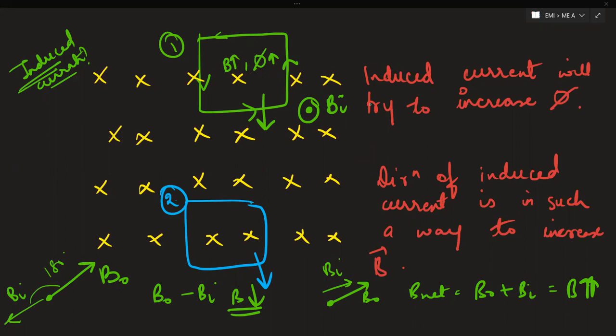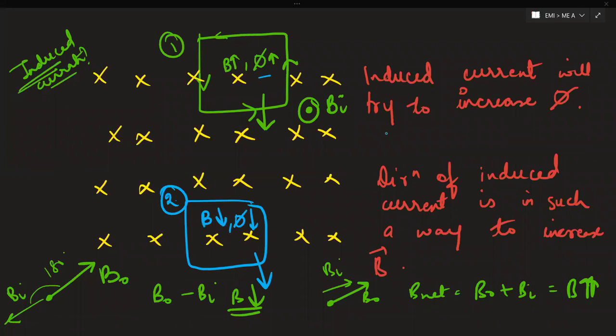Okay, because see, here this was entering, so lots of magnetic field lines were getting enclosed through this area, so it increased. Now it is leaving. As soon as it keeps on leaving, the number of field lines will decrease. So first thing, magnetic field decreases and flux decreases.